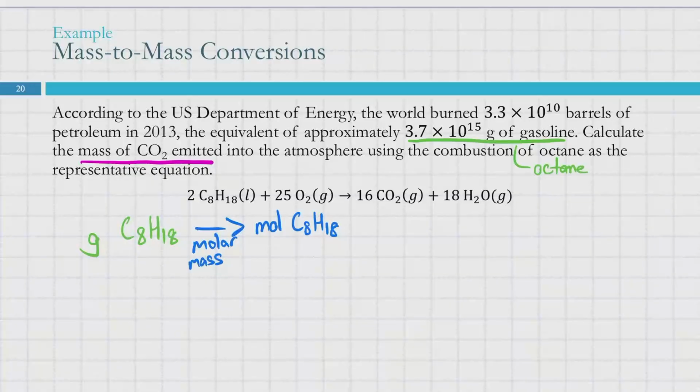Now that we've got moles of octane, what chemical are we trying to get to? Carbon dioxide, CO2. So we can go from moles of C8H18 to a different chemical, moles CO2. Our stoichiometry step is when we can change our chemical. And then from moles of CO2, can we get to mass of CO2? Yes. What are we going to use to get there? Molar mass. Right, grams CO2.